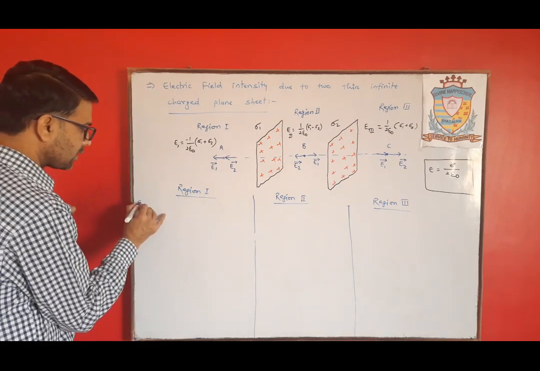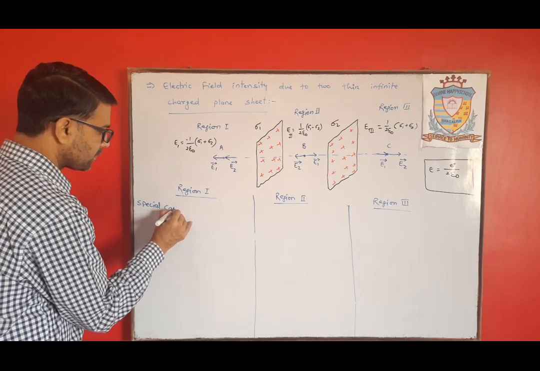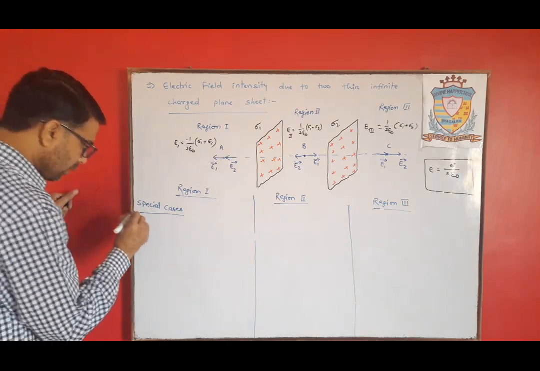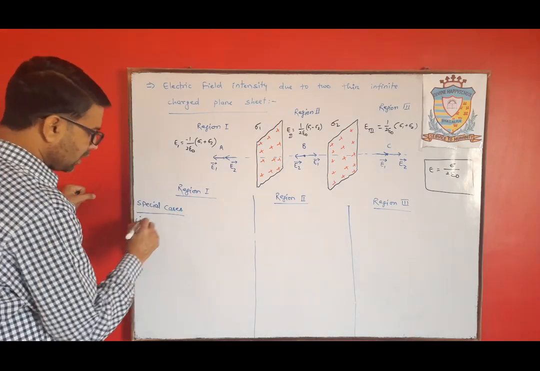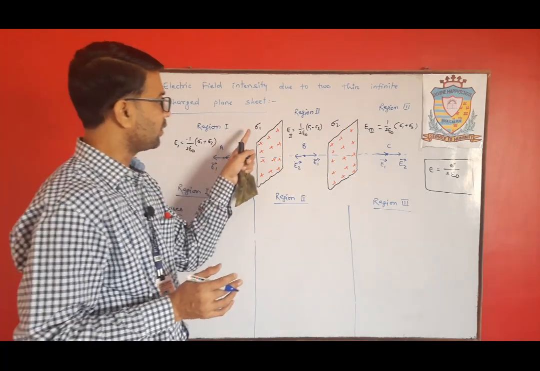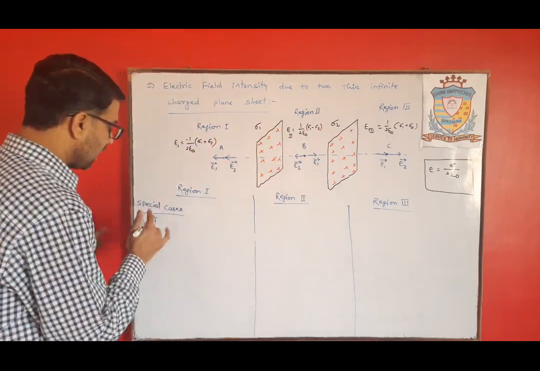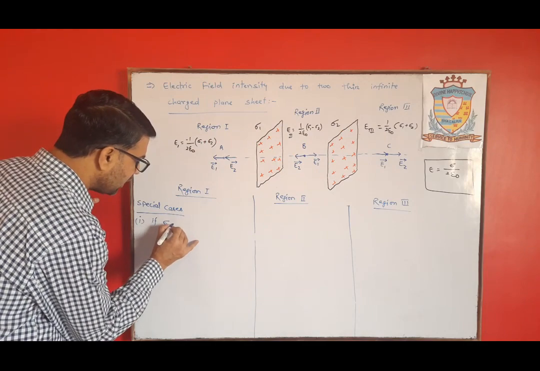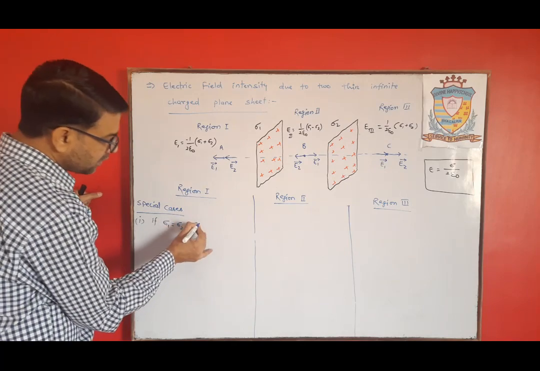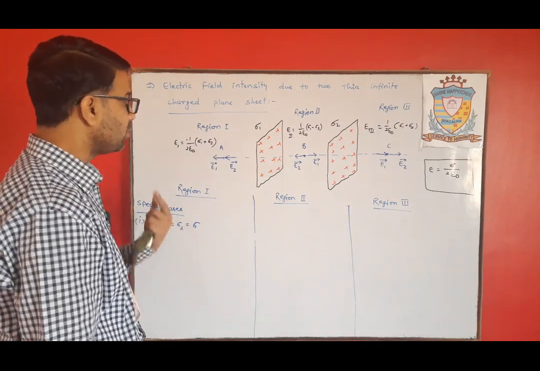Special cases. First, if the surface charge density of the two plates is equals to sigma, that means if sigma 1 is equals to sigma 2 is equals to sigma, if the surface charge density of the two plates are equal and which is equals to sigma, then what will happen?